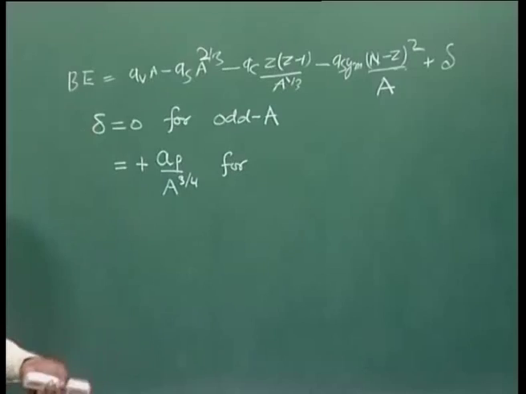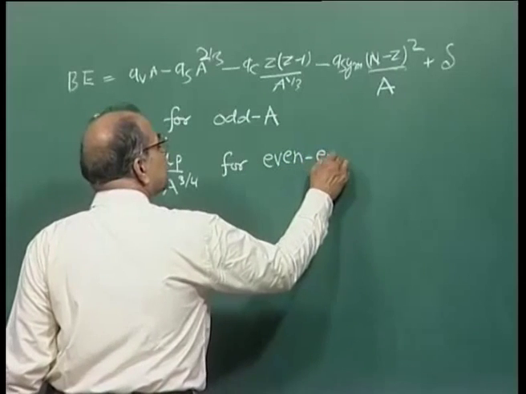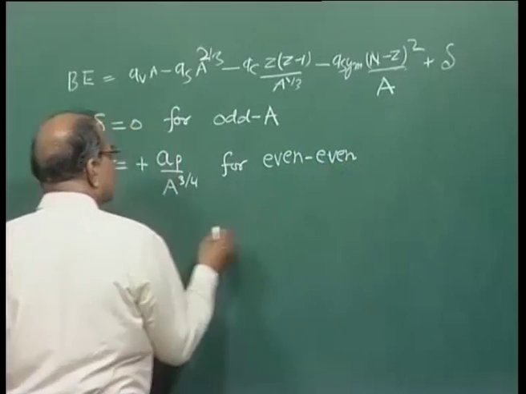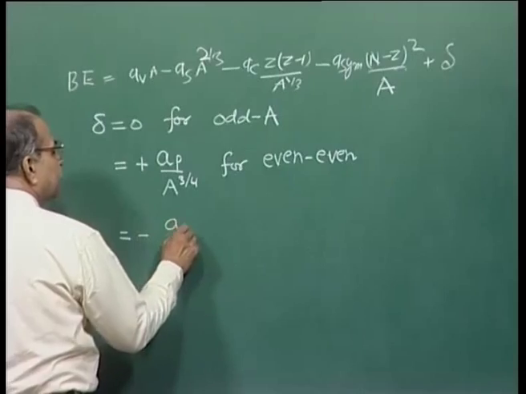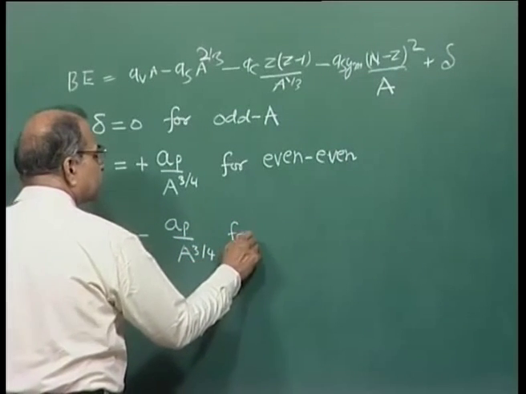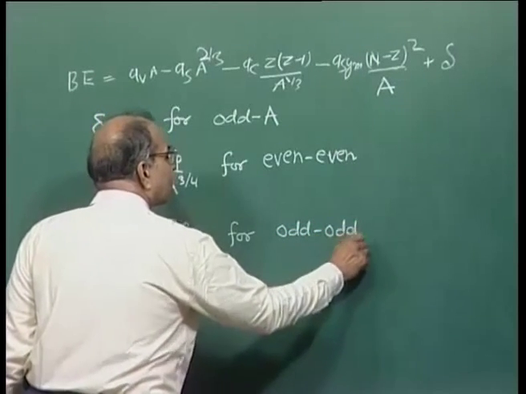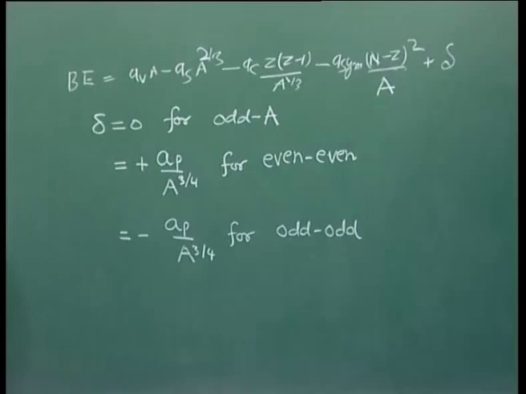So, for even the pairing is done. So, binding energy increases. So, this is for even, Z is even and N is even, and this is minus AP a power 3 by 4 for odd.